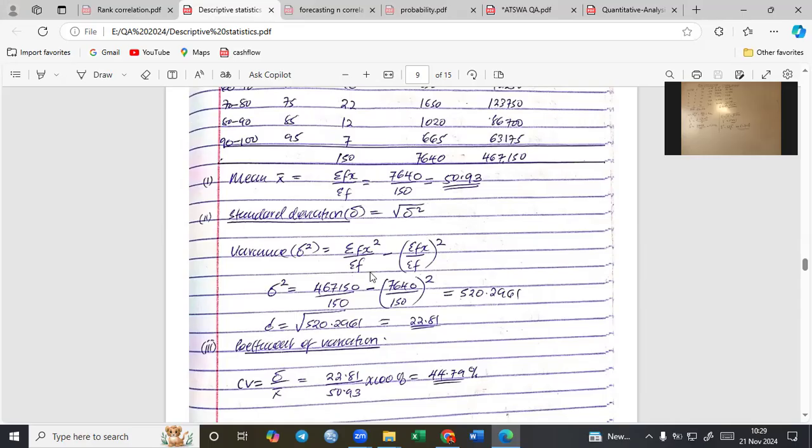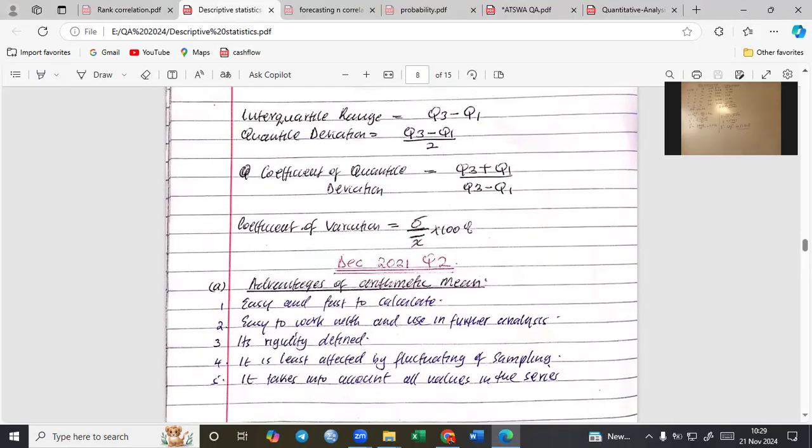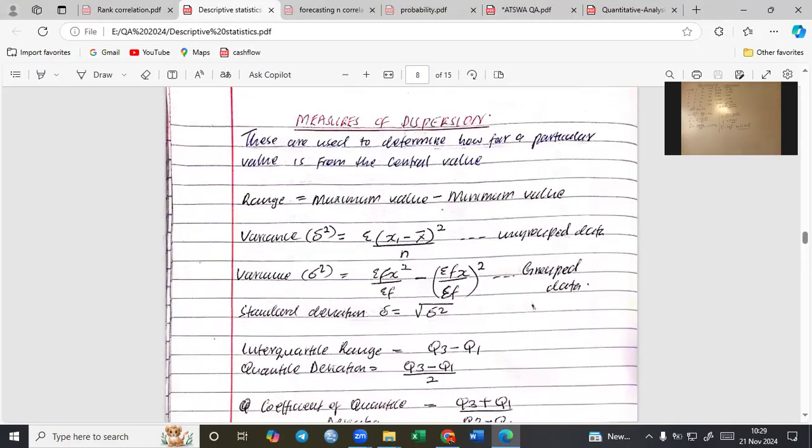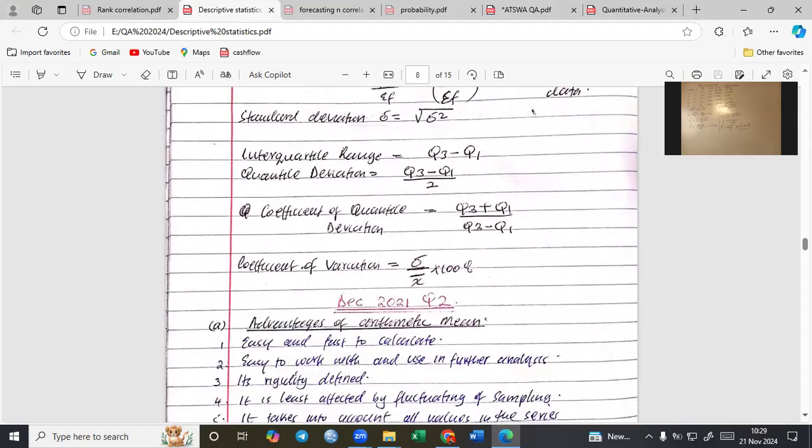Now, without finding the square root of the answer, that is the variance. With the square root, it becomes the standard deviation. Let us go back up to see. Yes, the measure of dispersion. So, talk of variance, standard deviation.